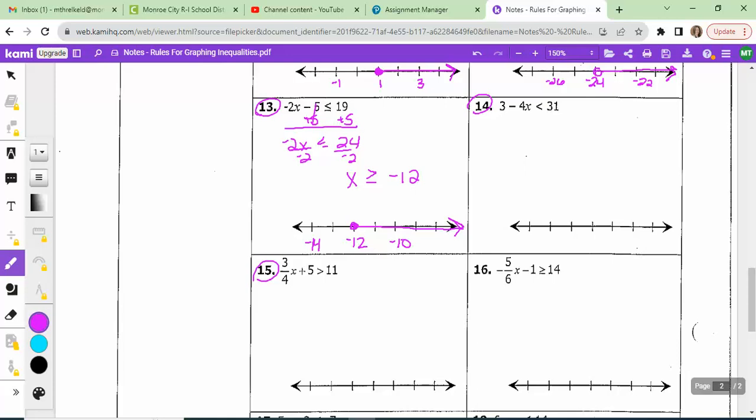Is that one okay? This one. So first step is what? Subtract 3. So we have negative 4x is less than 20. Divide by negative 4, so x is greater than negative 7. No equal to, so open circle going to the right. Is that one good?